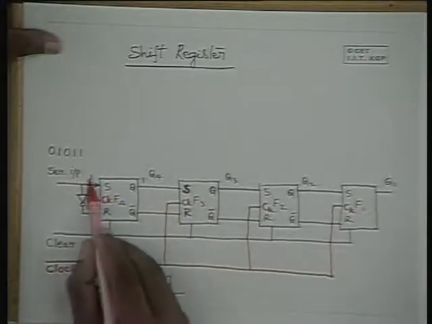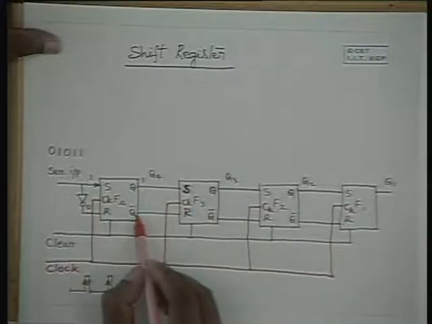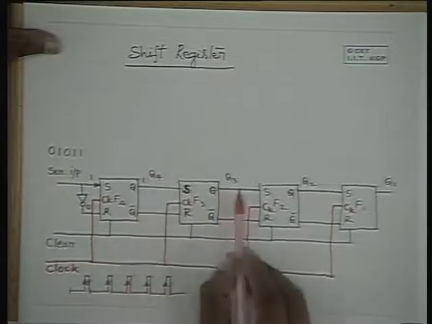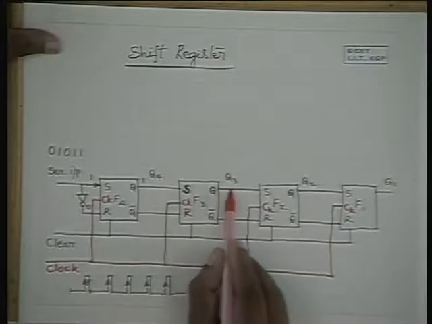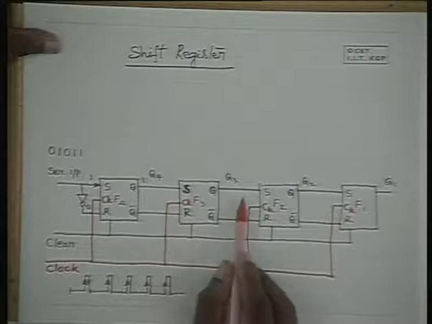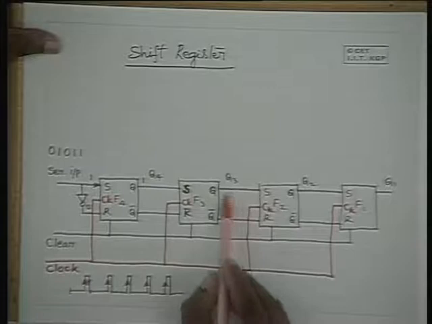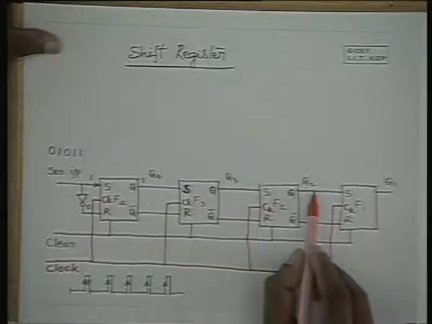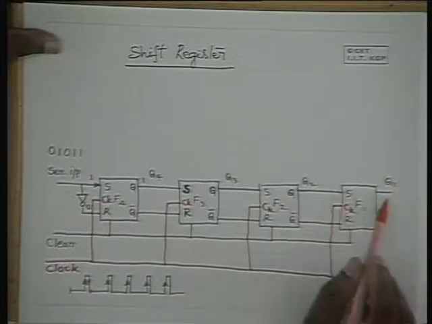Before the clock pulse is applied, this was a 0 and this was a 1 because it was cleared earlier, and when the clock pulse occurs, it will be 0 and 1. And here also it was a 0 and 1 because it was initially cleared, and this 0 and 1, when the clock pulse occurs, will be transferred here and it will be 0 and 1, and this 0 and 1 which was here will be passed to the output.